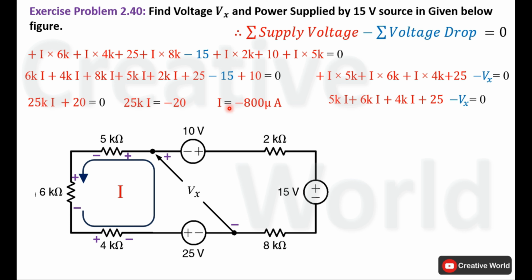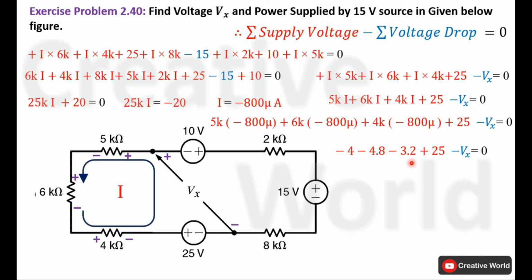The value of current I is minus 800 microampere in case of its direction being counterclockwise. So place the value of current I inside this equation. The equation will become this. Now open these brackets and take the product of all these values. The equation will become minus 4 volt minus 4.8 volt minus 3.2 volt plus 25 minus Vx equal to 0.